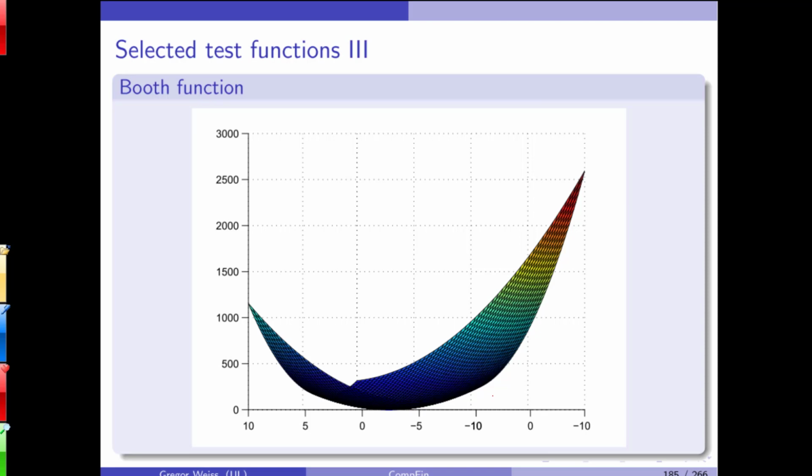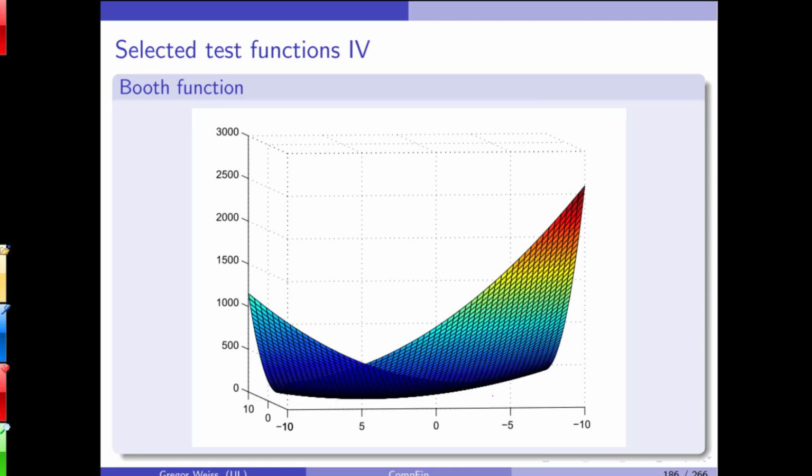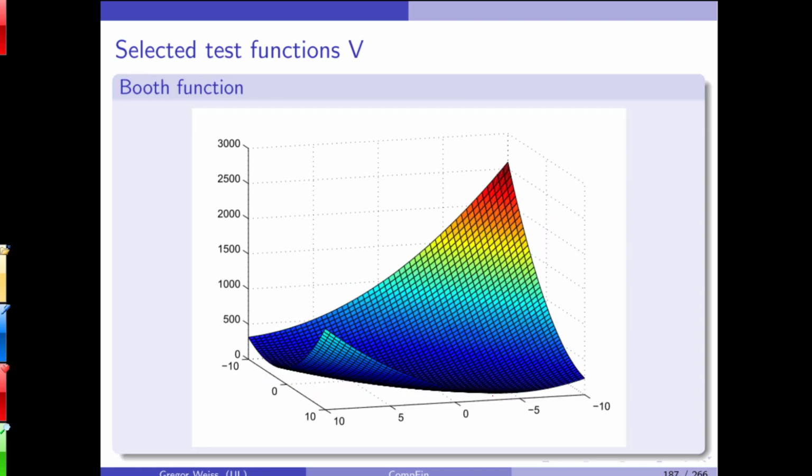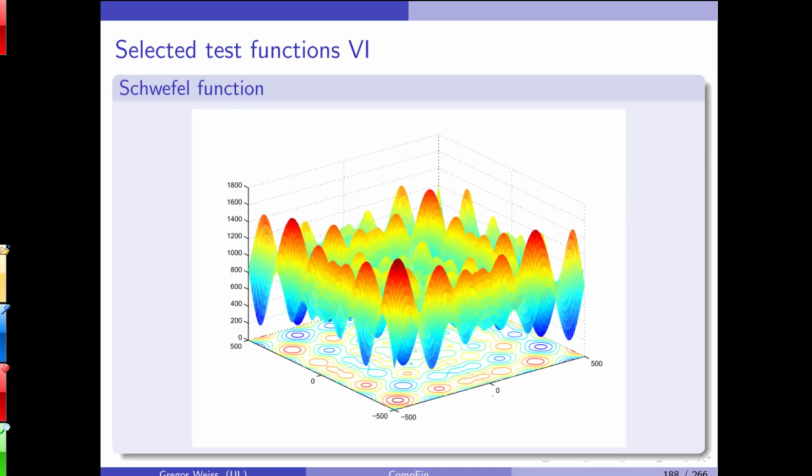The Booth function is rather tricky because I've plotted the Booth function from different angles. And as you can see, there is nowhere to tell where the global minimum is. And actually you cannot see the local minima. And well, this is self-explanatory. The Schwefel function, it's quite simple to see that it has numerous local minima and maxima.